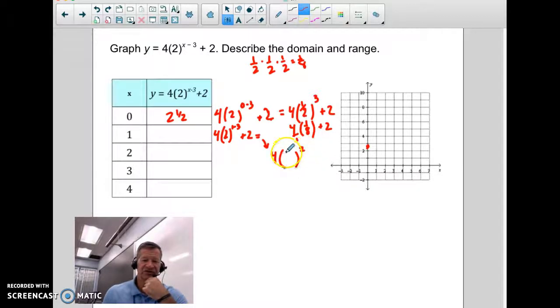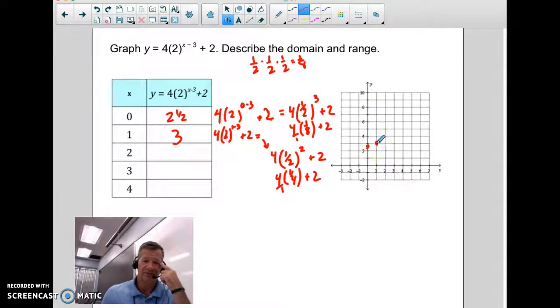So I have to change the 2 inside to a 1/2 plus 2. A half times a half is 1/4. So that's 4 times 1/4 plus 2. So 4 is 4 over 1. 4 times 1 is 4. 1 times 4 is also 4. 4 over 4, that's just 1. 1 plus 2 is 3. So now I'm at 1, 3.